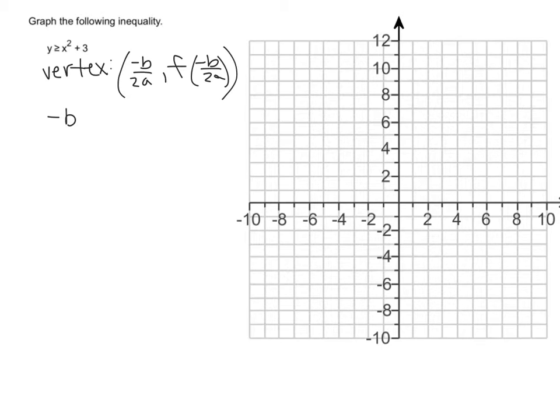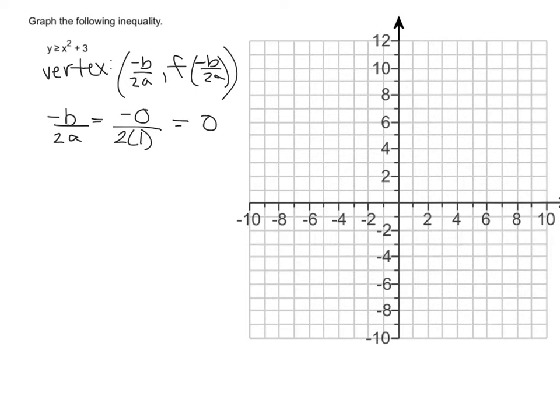So first we'll find the x value, which is negative b over 2a. And there isn't a b term in this quadratic. Remember, the b is the value next to the single x, and we don't have a single x, so this is just going to be 0, and then divided by 2 times 1.